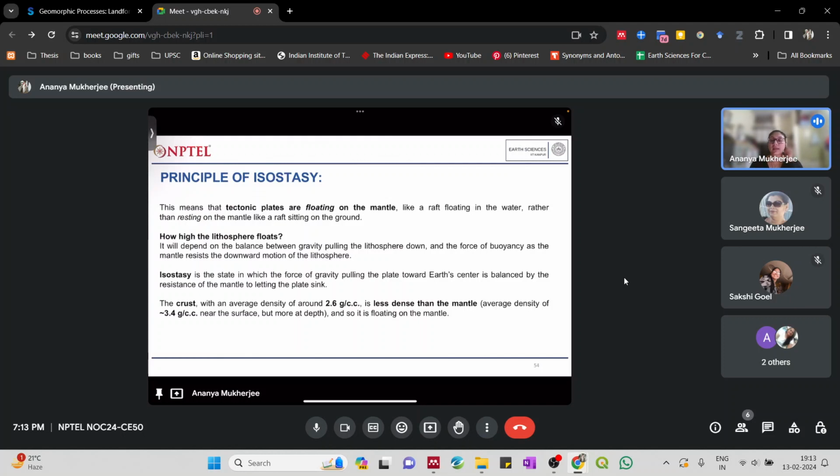That can be considered to be the influence of the gravity, or the gravitational pull that is acting on the lithosphere, and the buoyancy that I said, because of the resistance that is put up by the mantle against the pull that is happening on the lithosphere. Okay, so there has to be a balance between these two forces.